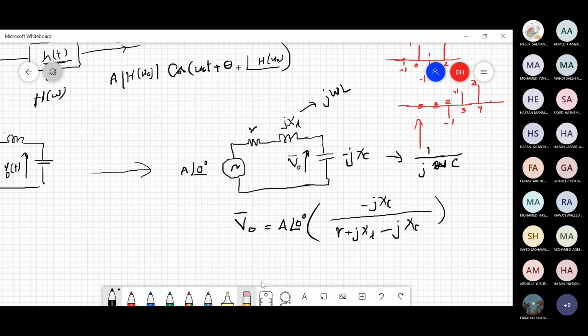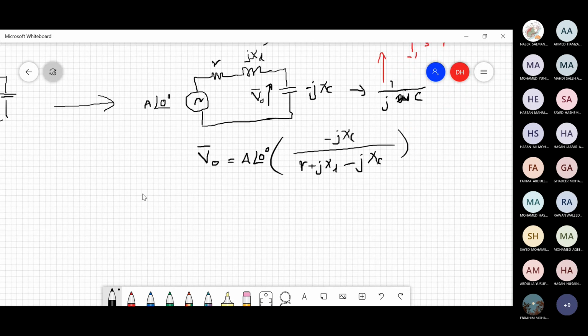Okay, then you can find the answer. So the answer here, you will get R angle some gamma, for example. Okay, but this is not the solution. Not this one, what I am looking for.